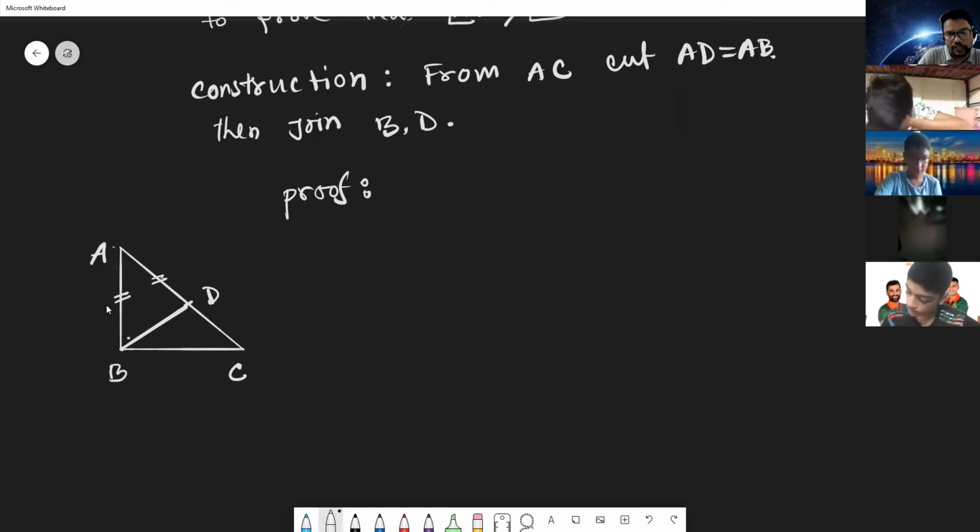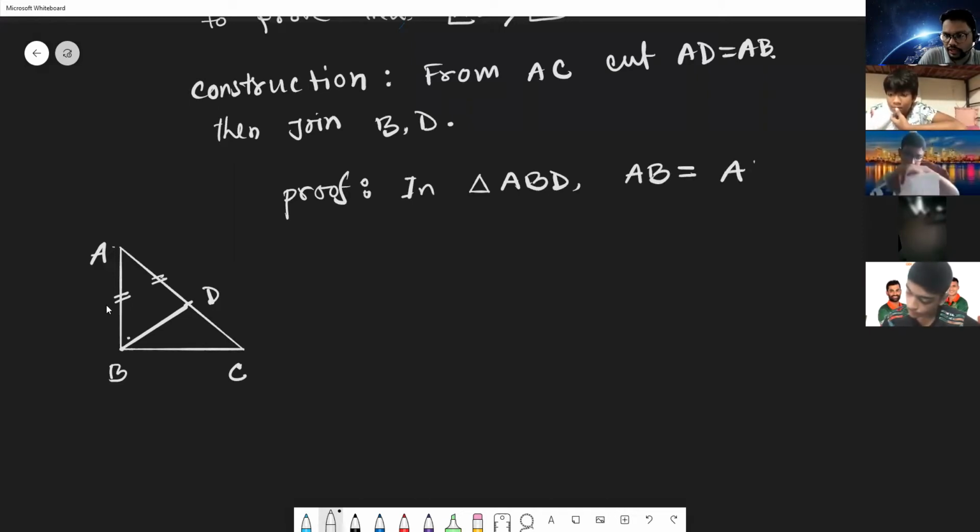So now in triangle ABD, the two sides AB equals AD.